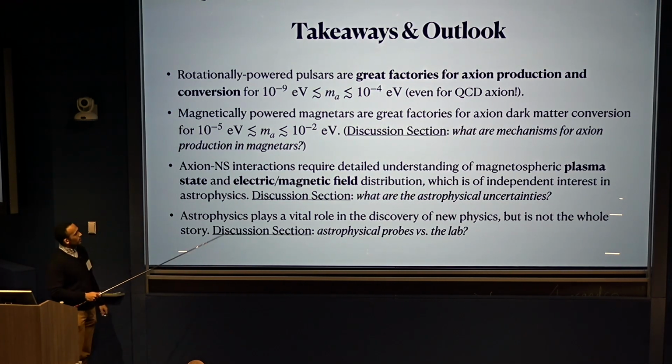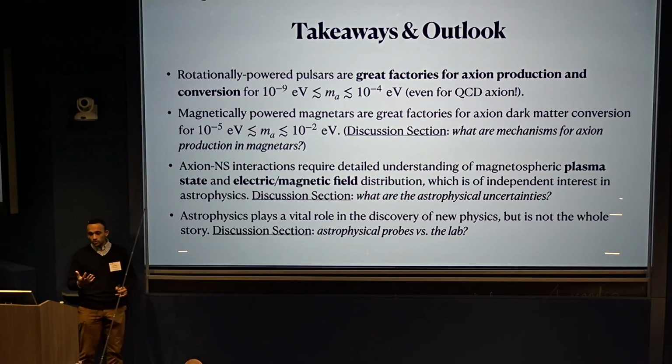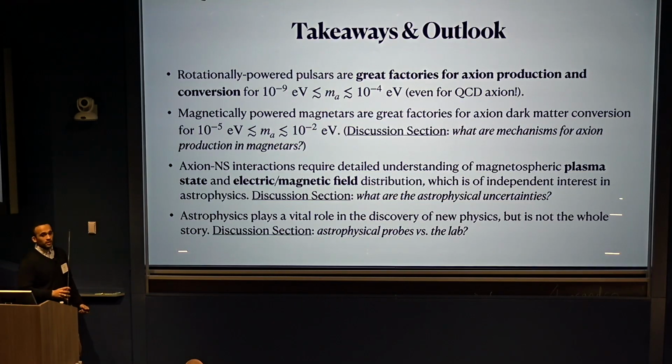And finally, this is a coordinated effort between astrophysicists, particle physicists, and plasma physicists to characterize the distribution of electric and magnetic fields, plasma distribution functions, and then model axion-photon mixing in these settings. And so with that, I will conclude and then take questions.